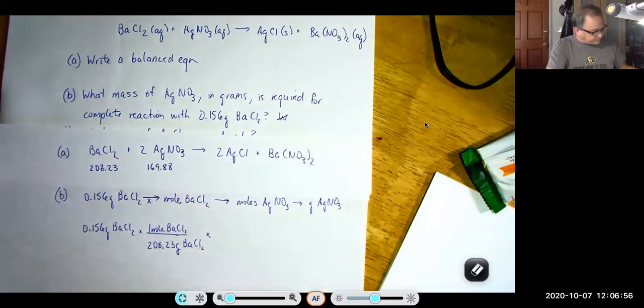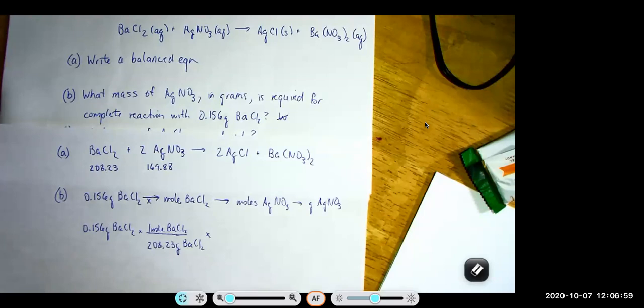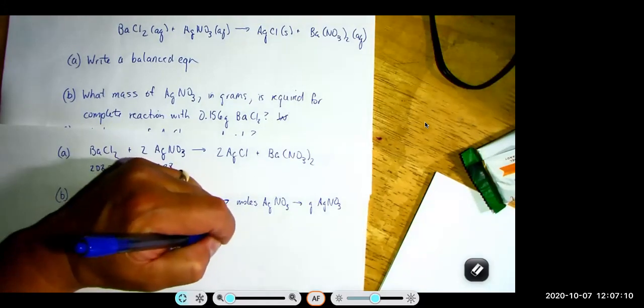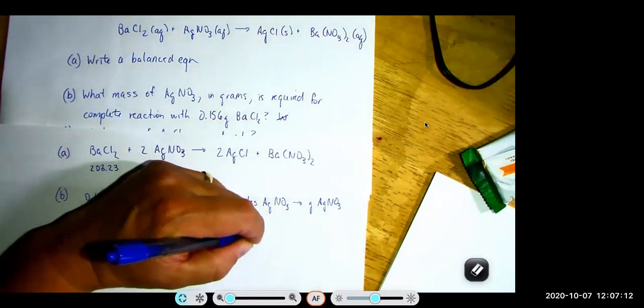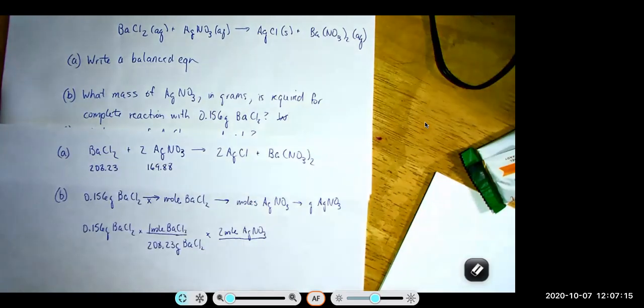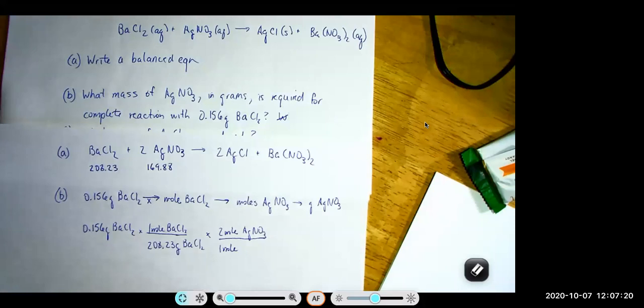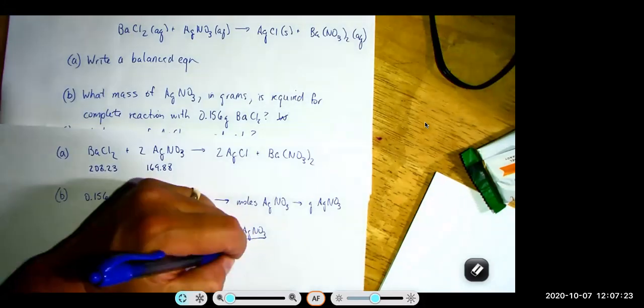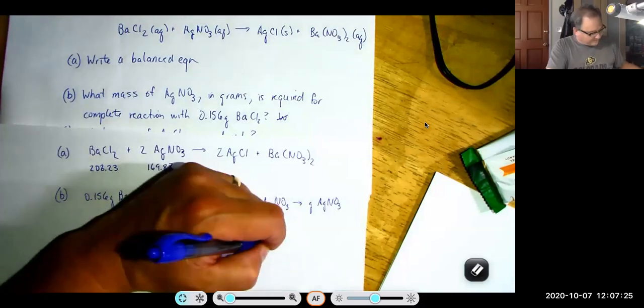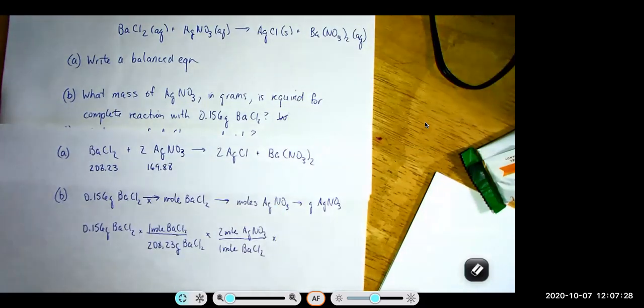And then you would multiply that by 2 moles of silver nitrate on top, and then 1 mole of barium chloride on the bottom. Right. And then the last one would be the molar mass of silver nitrate on top over 1 mole of silver nitrate on the bottom.